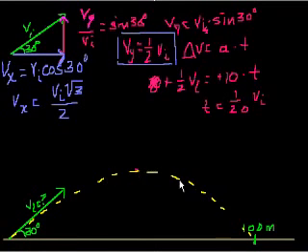So the total time that I'm traveling is going to be twice this, right? So let's say total time in the air. Let me call it time in the air. So we could call this time up, right? And then time up plus time down, and they're equal to each other, is equal to time in the air. Time in the air is going to be equal to 2 times time up.